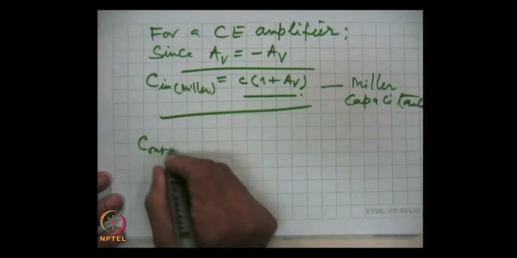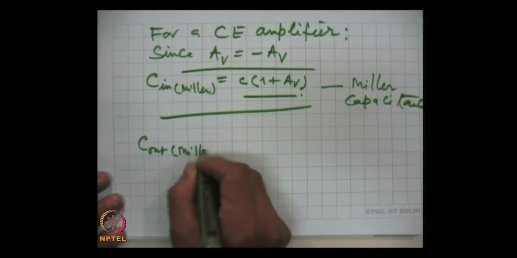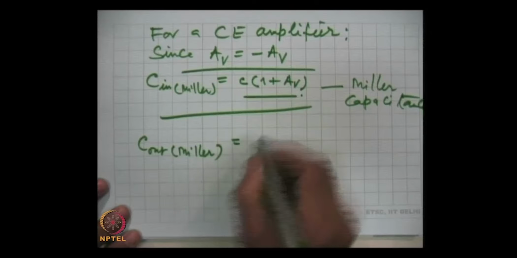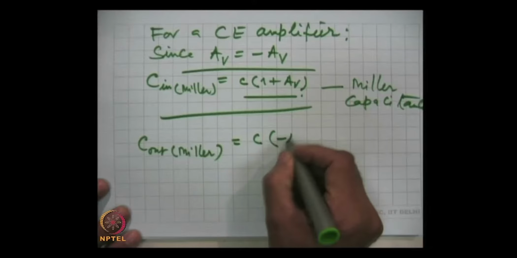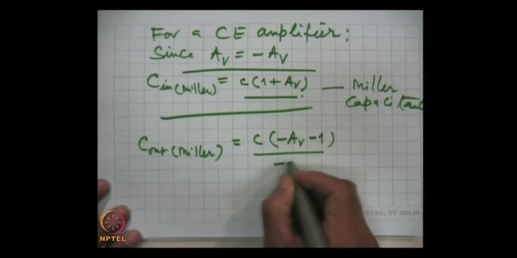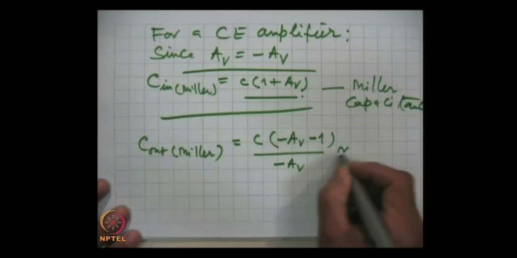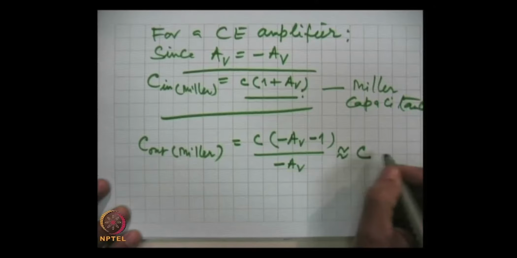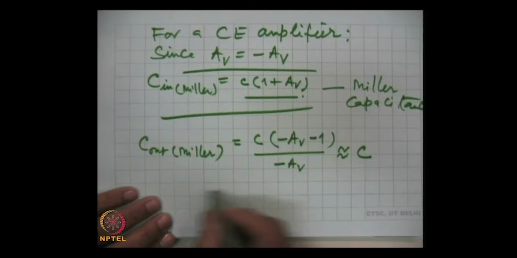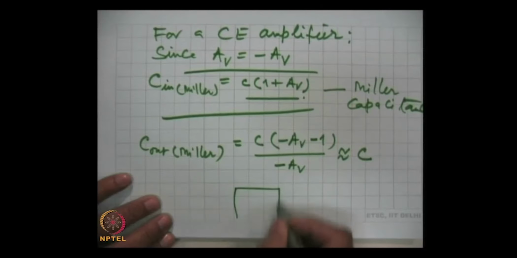Very high value because of this high value of A V, and at the output C out Miller is equal to C into minus A V minus 1 by minus A V. So, this is equal to C at the output. So, what will be the value here? This is the amplifier.